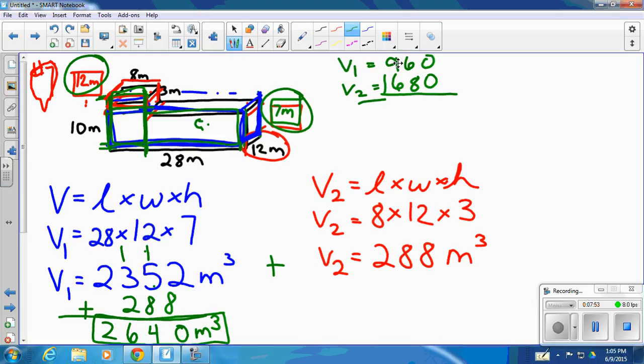And that would add up, there we go, that would be 2,640. So Kira, check that second volume of yours. Okay, so no matter which way you did it, you would still get the same answer, because that volume of that shape is that volume of that shape. It's no different compared to how you split it up. Okay, questions on that one?